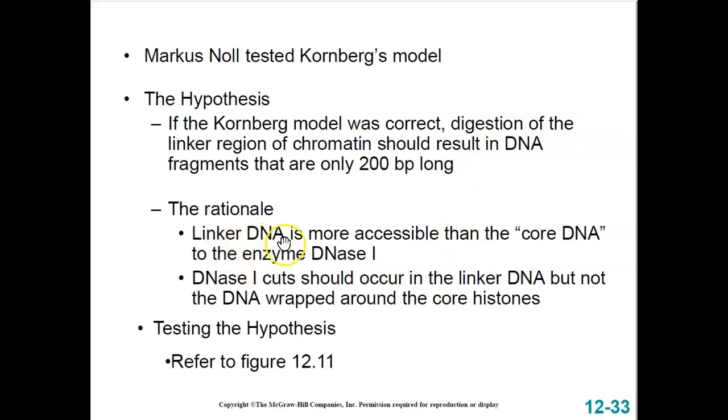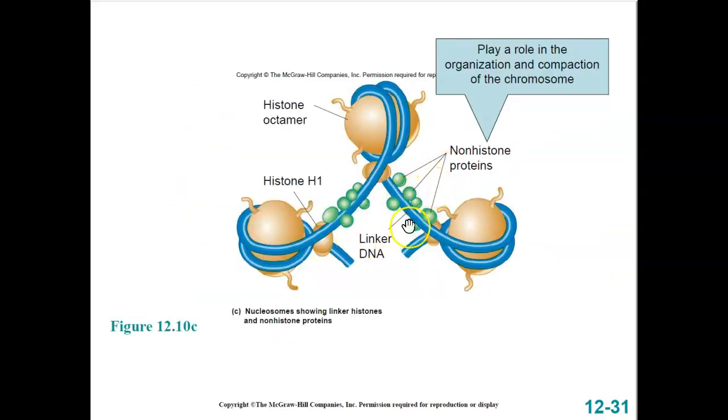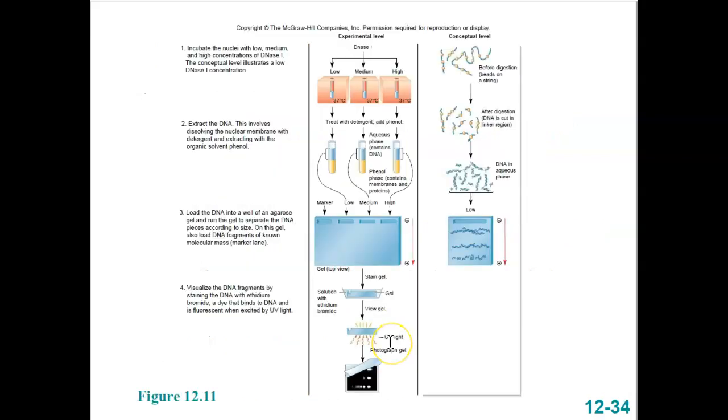And so the idea was that linker DNA was more accessible than core DNA or DNA wrapped around a histone. So DNase 1 would melt this region right here. And I shouldn't say melt. It literally goes in and cuts the DNA. So when you looked at it, you would end up with digested pieces of DNA.